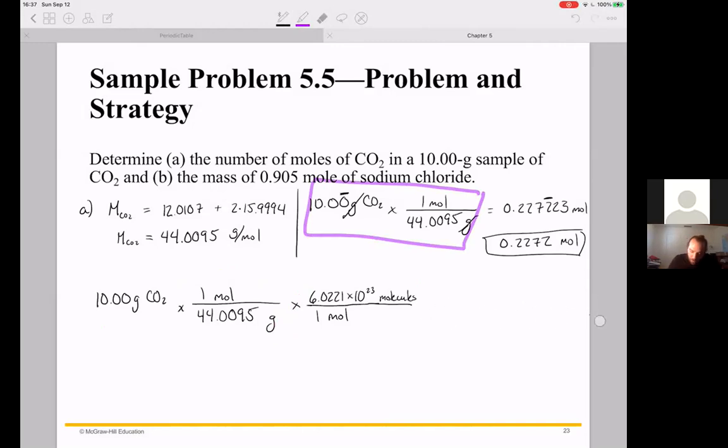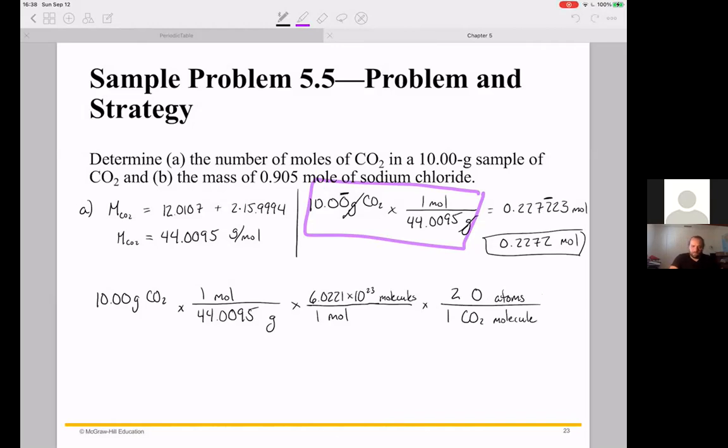Then I make one more jump where I say that one CO2 molecule contains 2 oxygen atoms. Notice where this came from, just from the molecular formula for the carbon dioxide. I have 2 atoms per molecule of CO2.